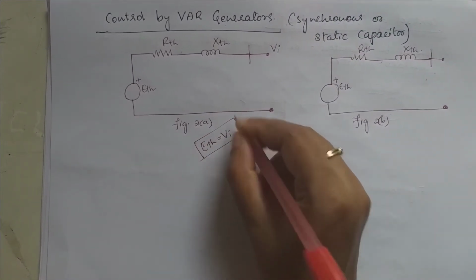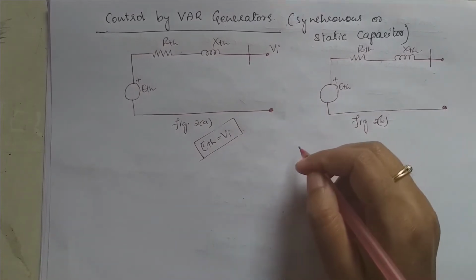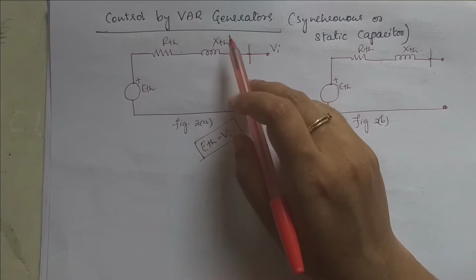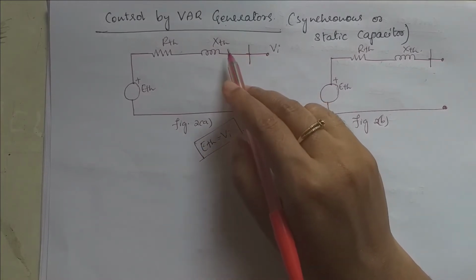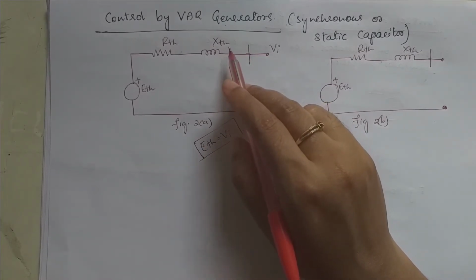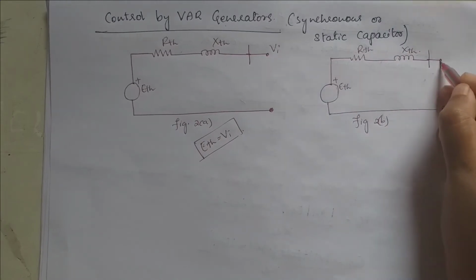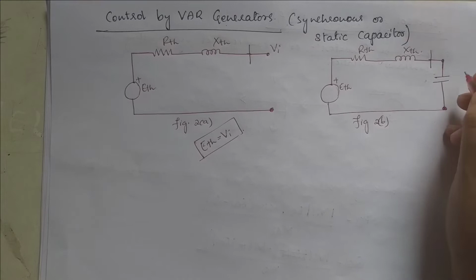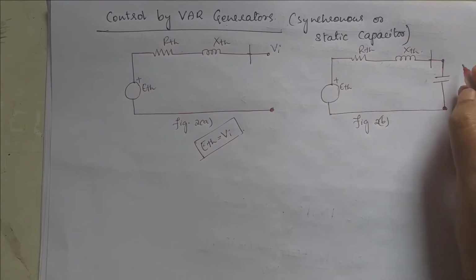When we inject jQC from a VAR generator, the figure is modified like this. A static capacitor or a synchronous condenser needs to be inserted.